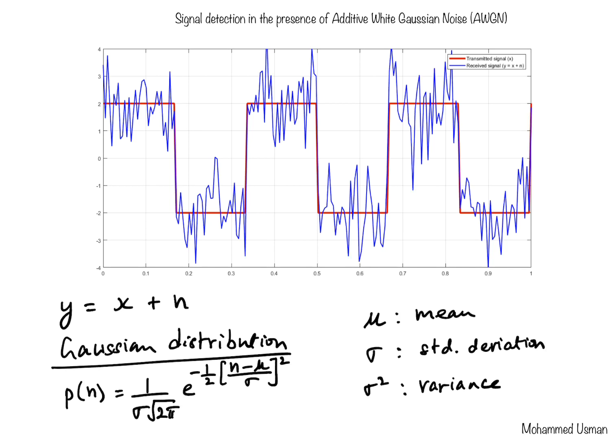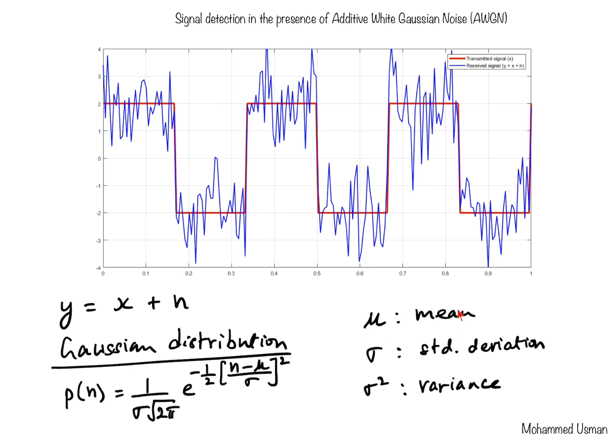If it's a binary case, it has to determine whether it's a 1 or a 0, and we could also have the M-ary case where we have not just two voltage levels, but multiple voltage levels as well.